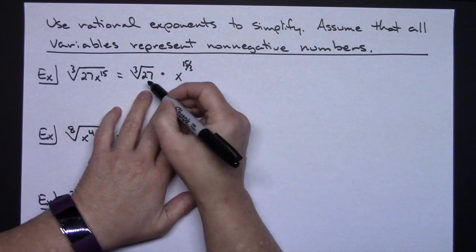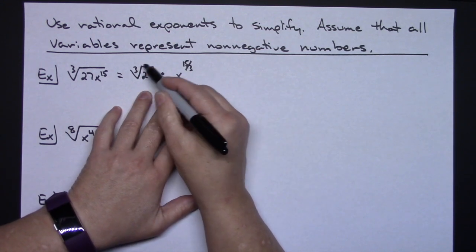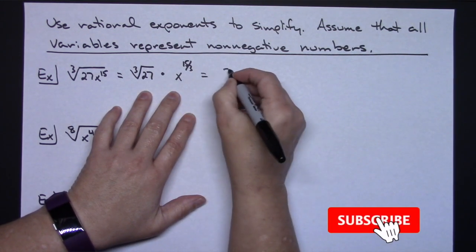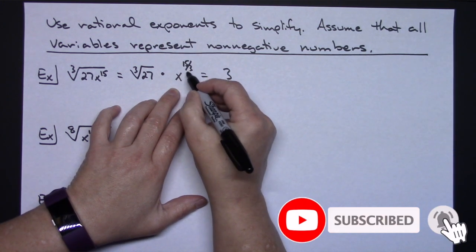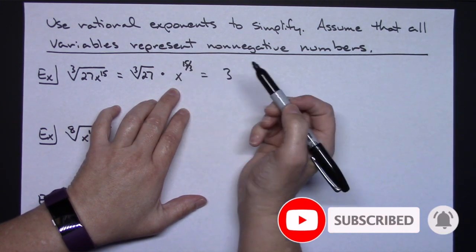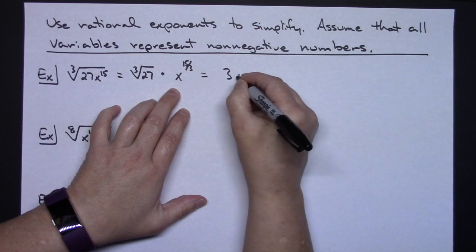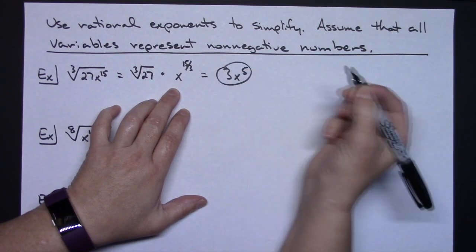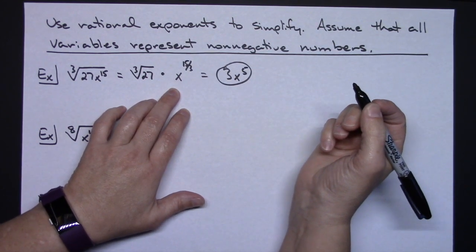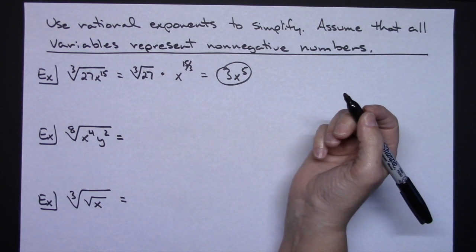Like I said, this is probably the easiest because the cube root of 27 just gives you a 3. And then I can take a look at that rational exponent right there. 15 divided by 3 is a nice little 5. So then x to the 5th. It makes a really nice, simple way to simplify these radicals.